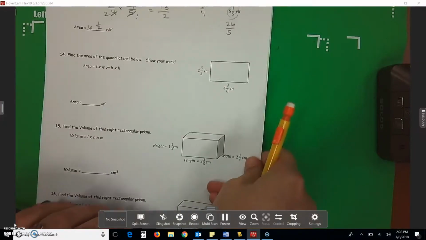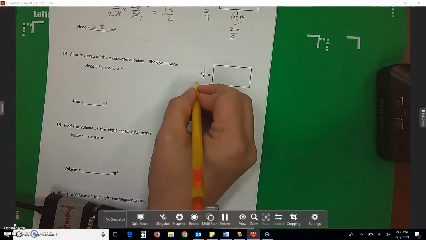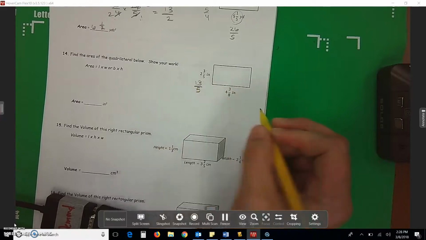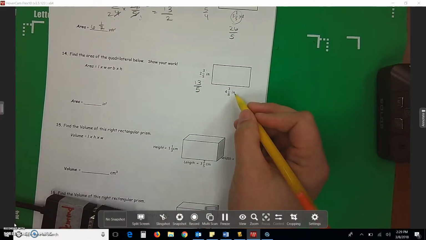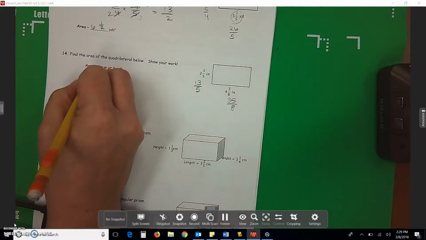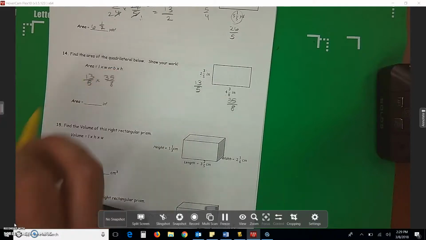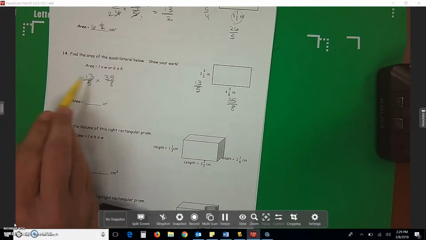Number 14. Again, area, so 5 times 2 is 10, plus 3 is 13. 8 times 4 is 32, plus 3 is 35. So 13/5 times 35/8. 13 is a prime number, I can't touch that.